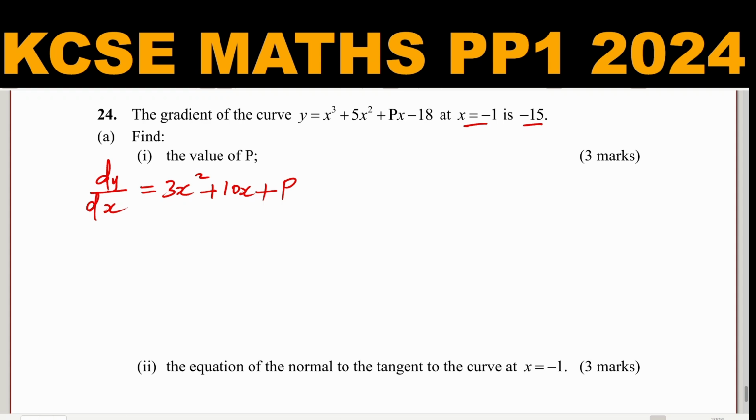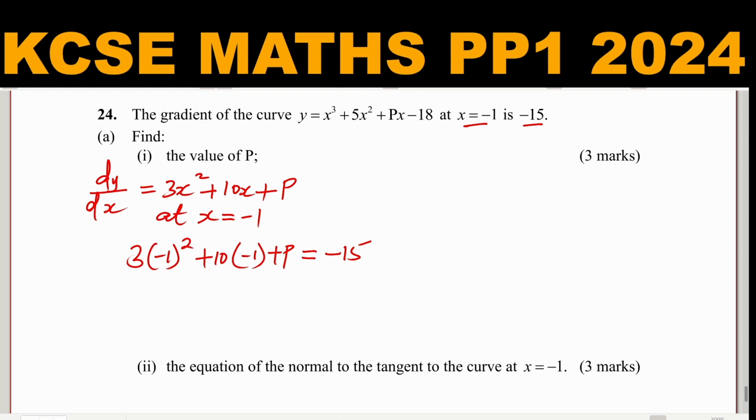That is the gradient function, and that is what is going to give us the gradient. So at x equals -1, when you substitute x equals -1 in this expression, we should get -15. So 3 times (-1) squared, plus 10 times (-1), then plus p, gives -15.